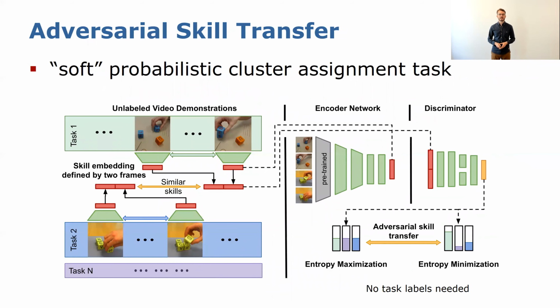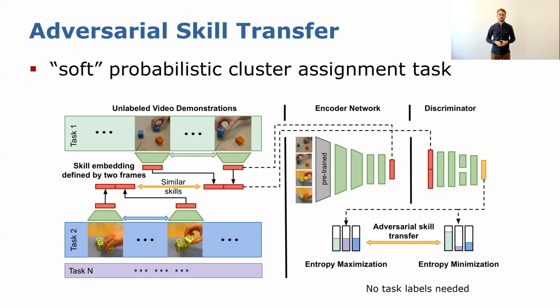To transfer similar skills without any label information to unseen tasks, one needs to learn generalized skills that should neither be task nor domain specific. Since a true class distribution over skills is not known, this problem can naturally be considered as a soft probabilistic cluster assignment task.